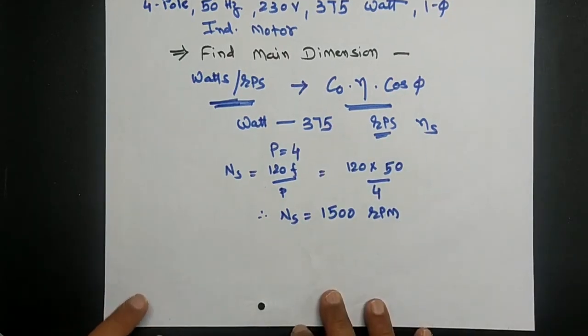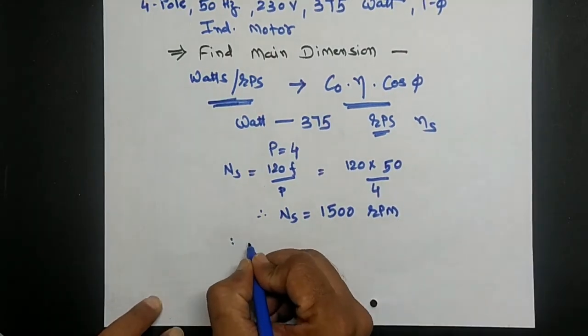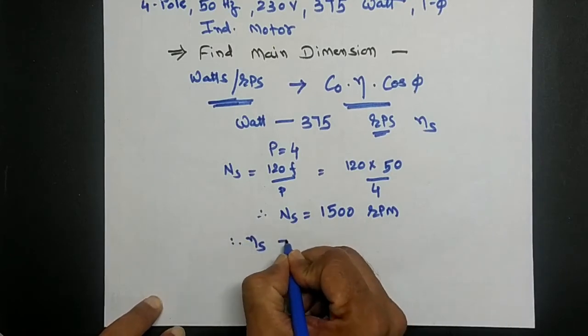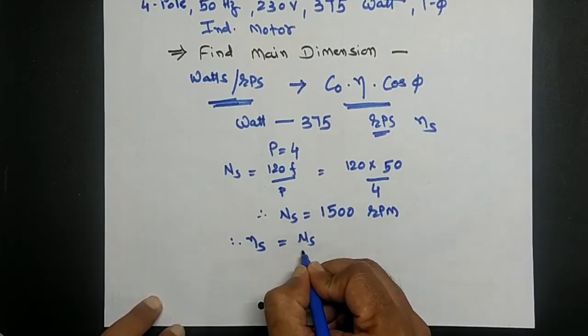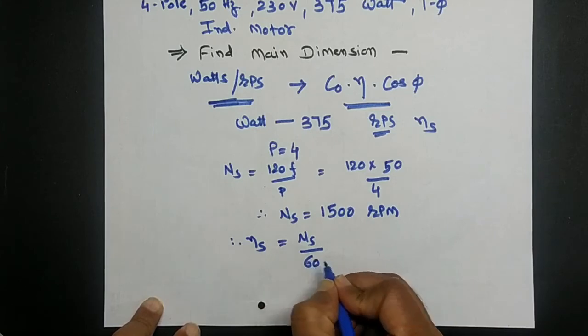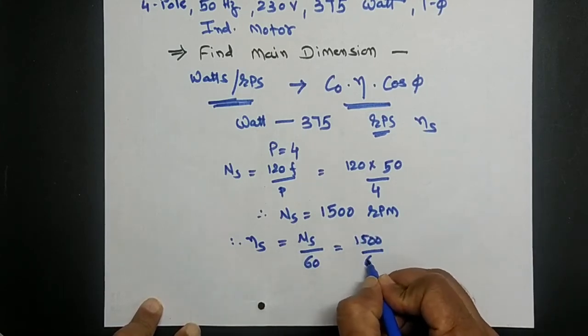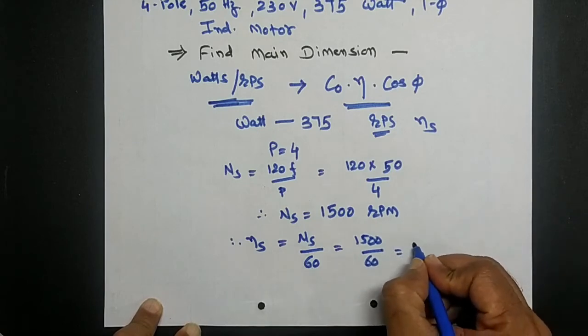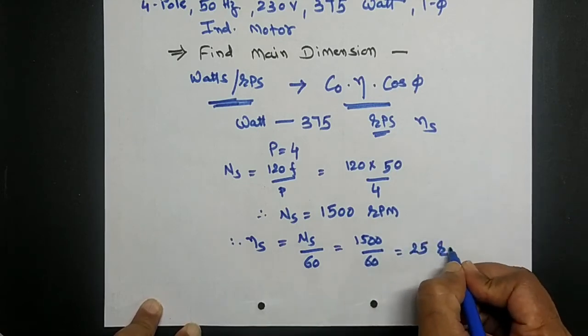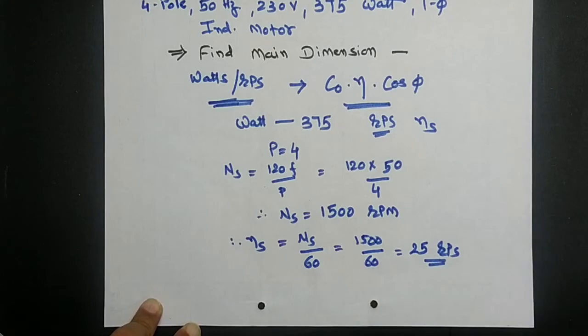And if we find synchronous speed in RPS, then it is Ns divided by 60. So 1500 divided by 60 comes to 25 RPS.